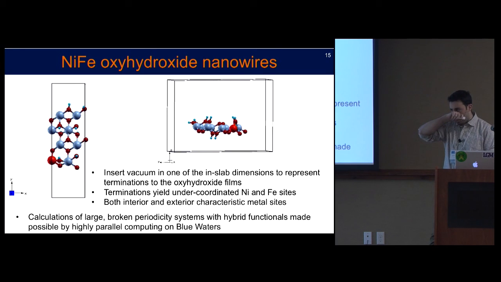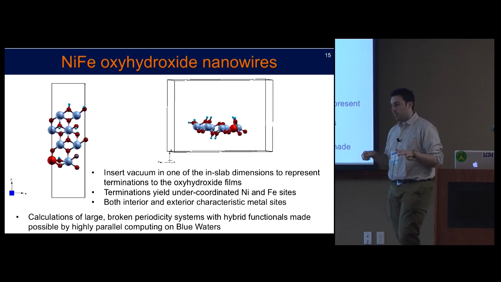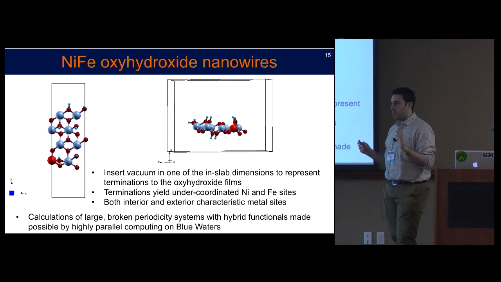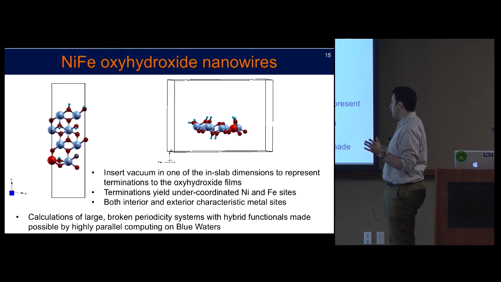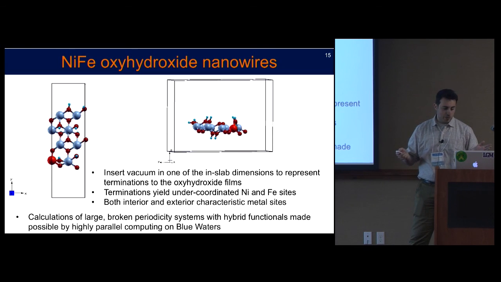And of course, I'd be remiss if I didn't mention that we still want to do the hybrid functional electronic structure characterization of these broken periodicity, highly asymmetric materials with even larger unit cells than I've shown here, and that is enabled uniquely by the resources on Blue Waters.